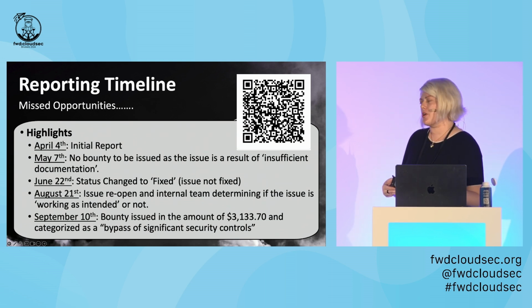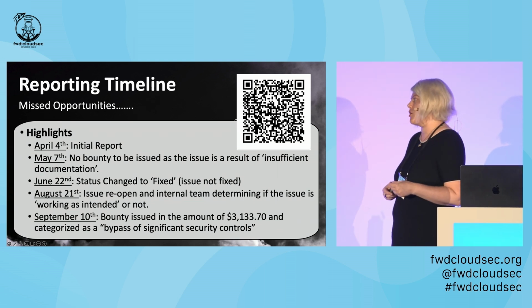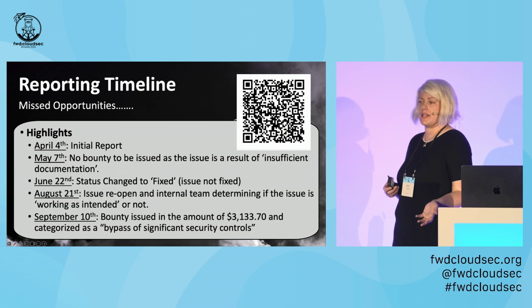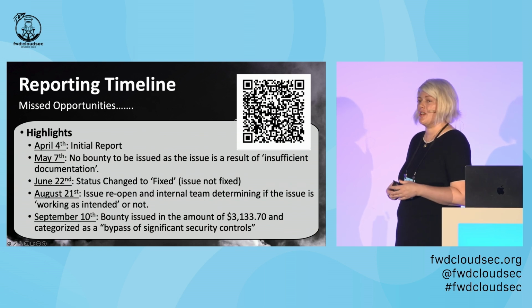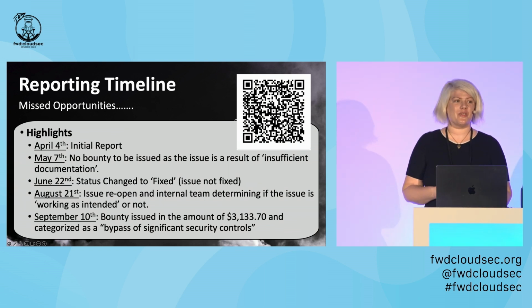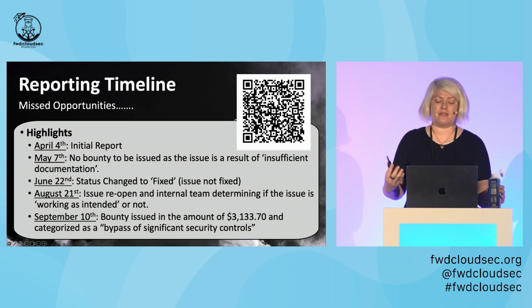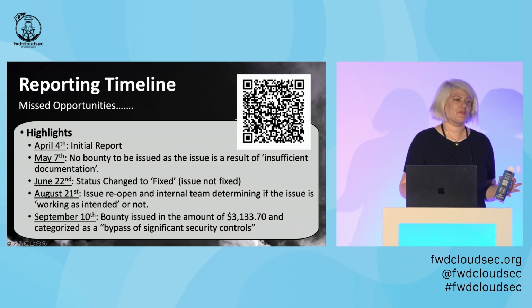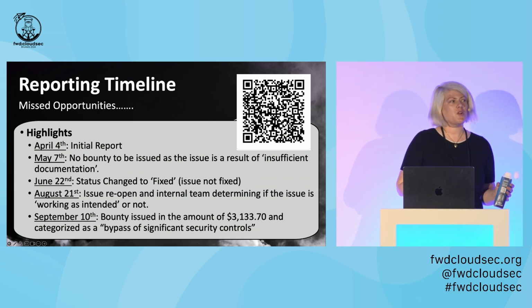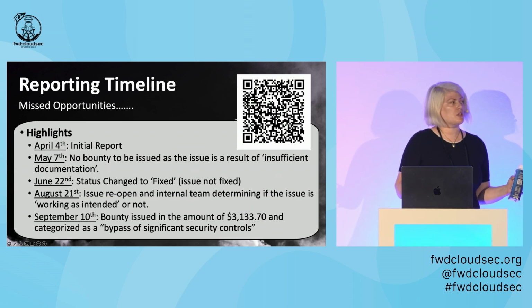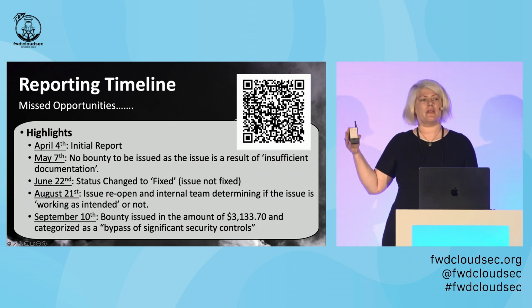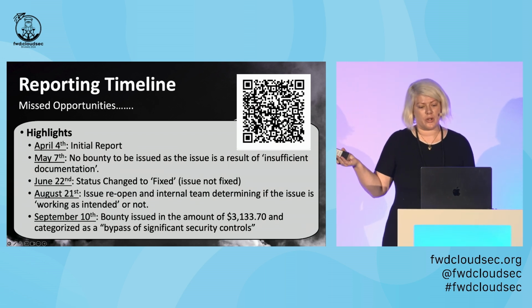There's been some back and forth between myself and the Google VRP on whether or not this was working as intended, as expected, whether or not this was fixed. One of the reasons why I really love working with Google is that, like me, they're a little messy. We've had some messy back and forth. The takeaway is that they initially closed it and did not award a bounty for it, but surprisingly last week they changed their mind, reversed the decision, and I was awarded a bounty for it.